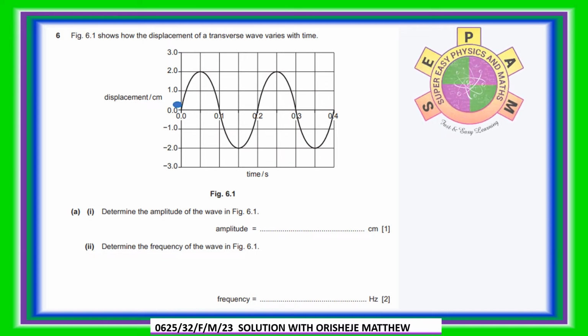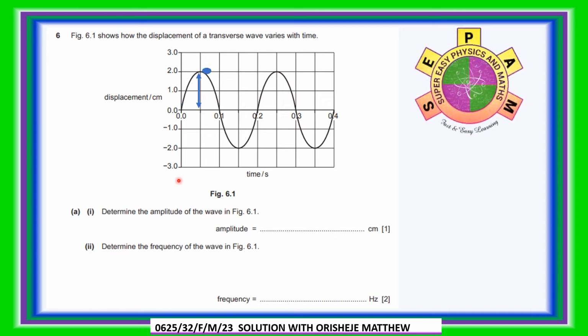Determine the amplitude of the wave. What is the amplitude? The amplitude of the wave is the distance from the equilibrium point to the maximum displacement. So that is about 2 cm.